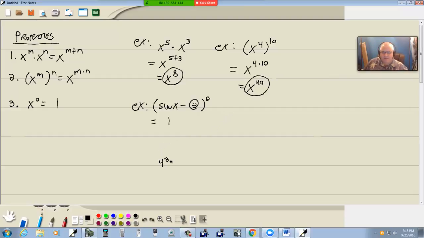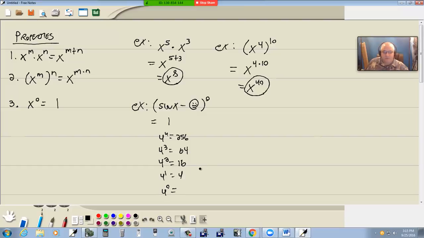If I look at 4 squared, 4 squared is 16. 4 to the third is 64. 4 to the fourth is 256. 4 to the first is 4.